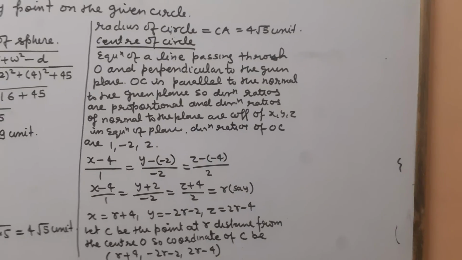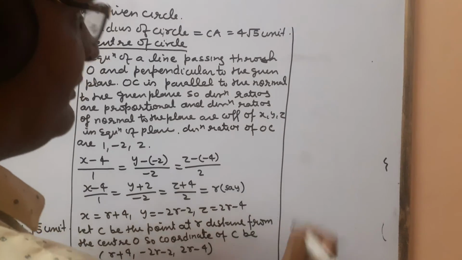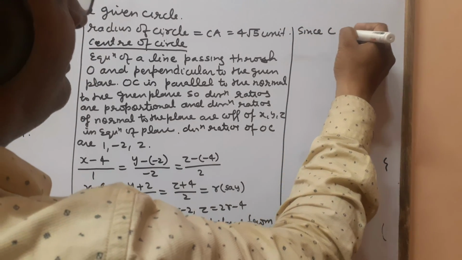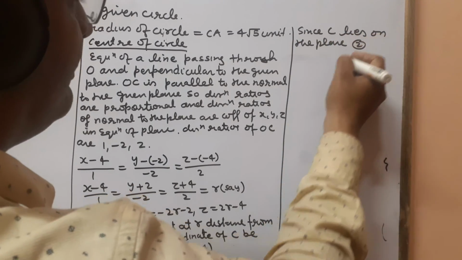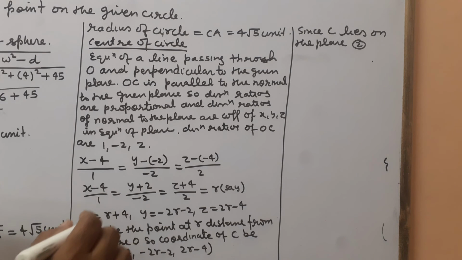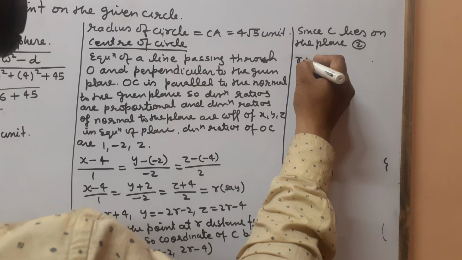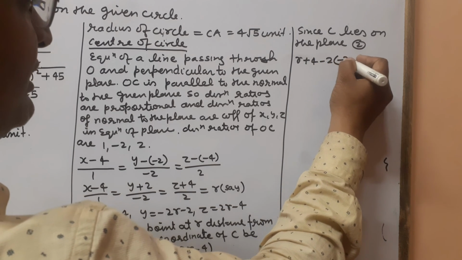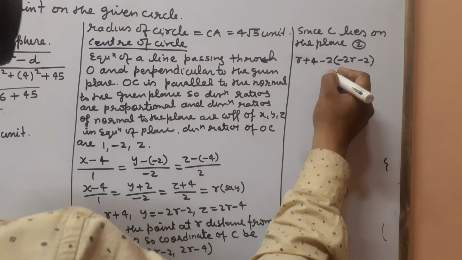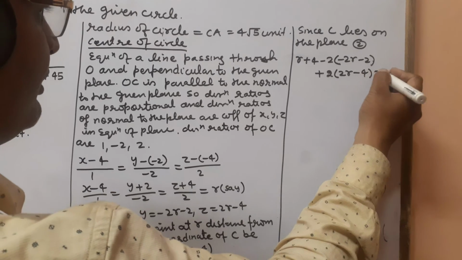So in place of x we put r plus 4, in place of y we put minus 2r minus 2, in place of z we put 2r minus 4, equal to 3.